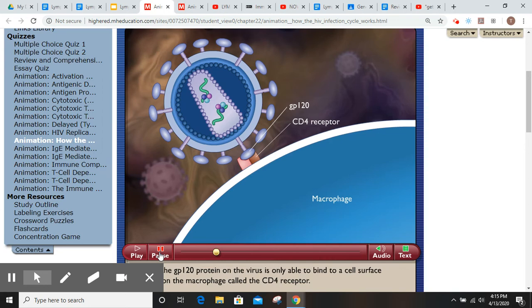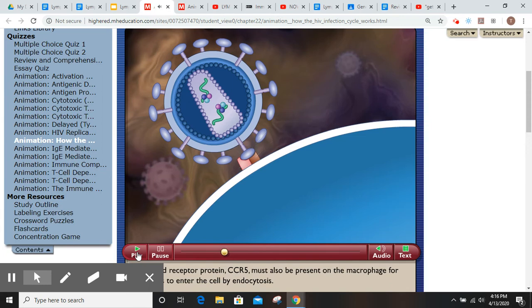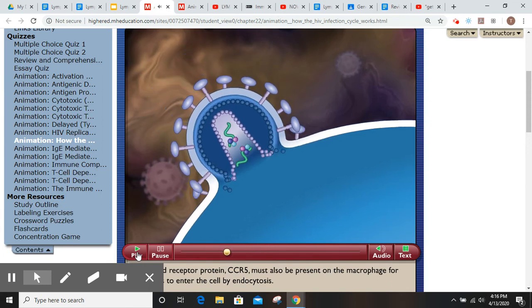There are only specific viruses that target our respiratory tract, and then there are other ones that infect our liver. And the HIV virus is focused on actually attacking our immune cells. A second receptor protein, CCR5, must also be present on the macrophage for the virus to enter the cell by endocytosis.